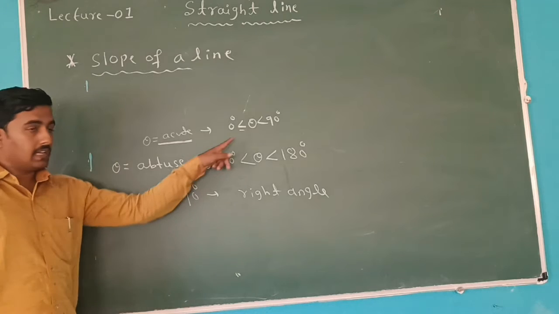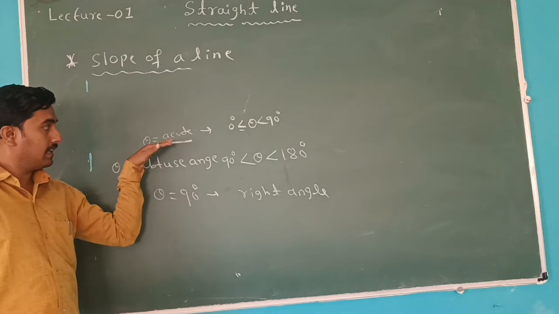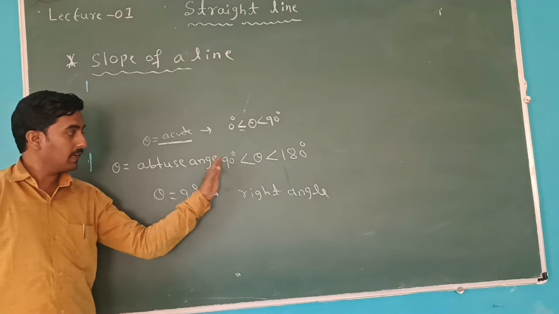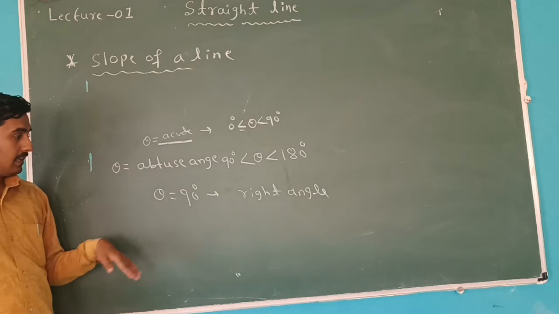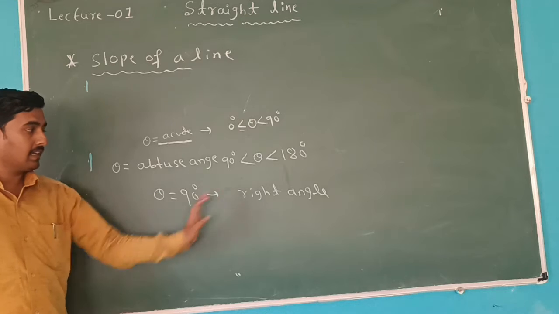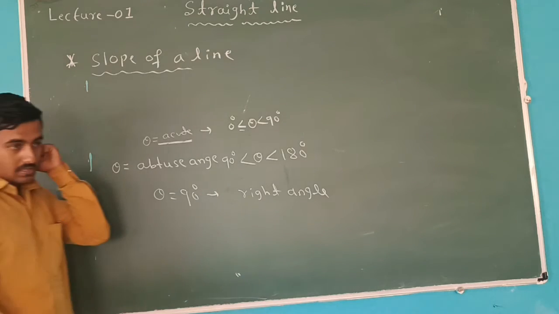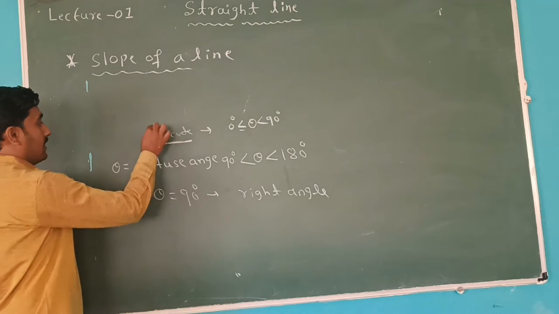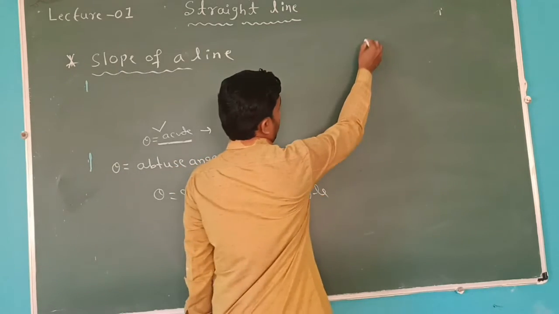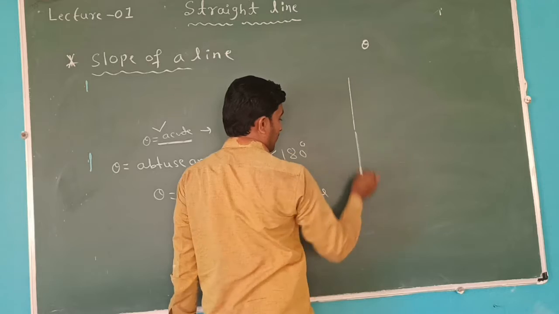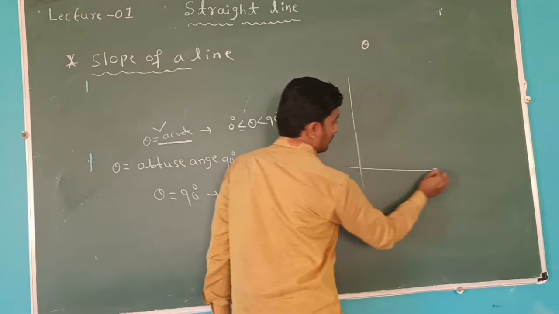If the angle lies between 0 and 90 degrees, that is an acute angle. If the angle lies between 90 and 180 degrees, that angle is called an obtuse angle. And if theta is 90 degrees, then it is a right angle. Suppose theta is an acute angle, then there is no problem finding the slope of a line. If theta is an obtuse angle, same.